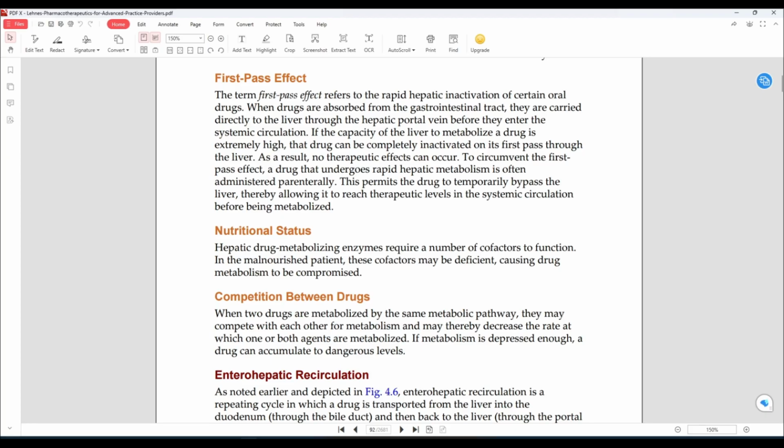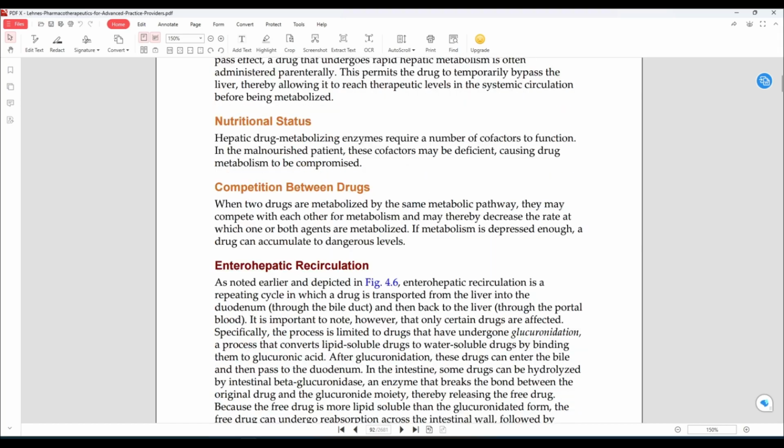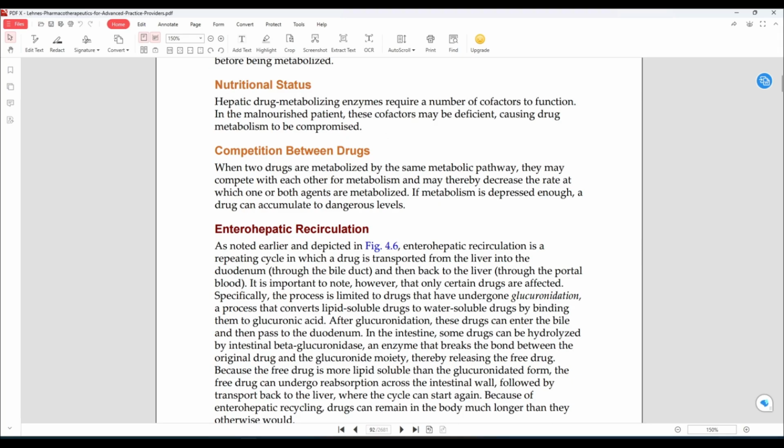As a result, no therapeutic effect can occur. To circumvent the first pass effect, a drug that undergoes rapid hepatic metabolism is often administered parenterally. This permits the drug to temporarily bypass the liver, thereby allowing it to reach therapeutic levels in the systemic circulation before being metabolized.